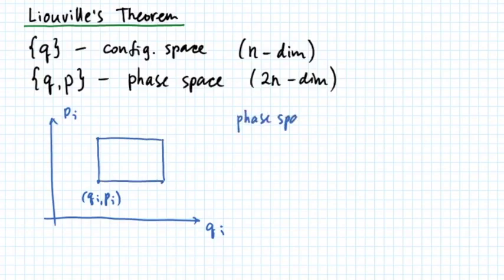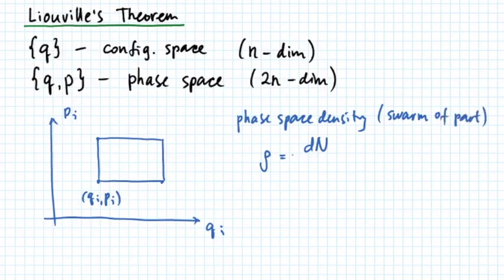Phase space density will be defined, like we said, as whatever number of particles we have, so it's a swarm of particles, divided by the volume. The volume, of course, is going to be just the product of dq sub 1 all the way to dq sub n, dp sub 1 to dp sub n.